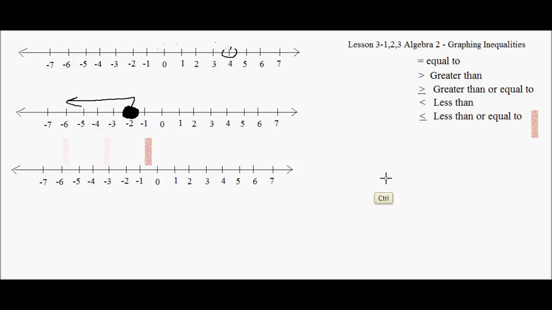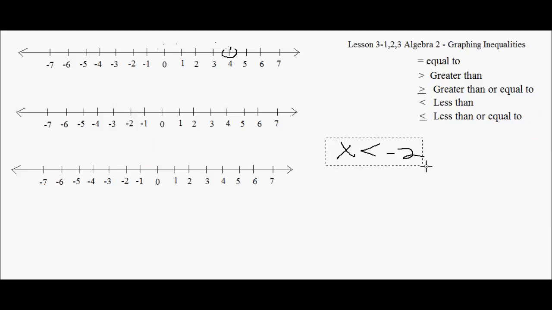Okay, and then I want to talk about another thing. If I had -x is greater than 3, well, I have to get rid of this negative on the x because I just want an x. So the common practice is to multiply both sides by -1.